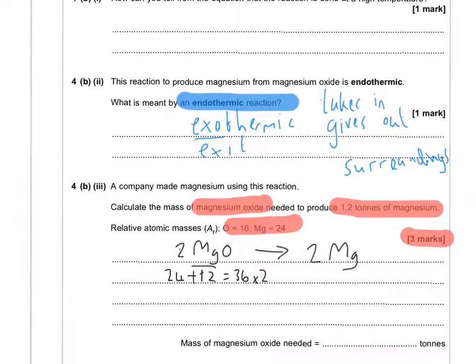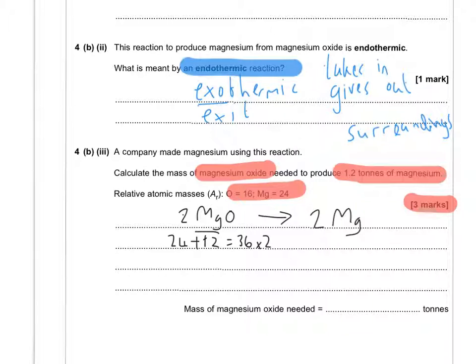I'll just move down a moment. Other one, 2 magnesium, magnesium's 24, times 2 equals 48. So essentially, 72 tons of magnesium oxide would give 48 tons of magnesium.